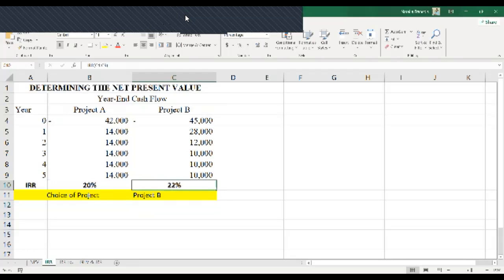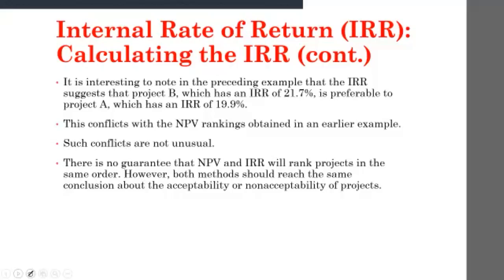Now, all the time we have been seeing project A. For payback period we got project B, for net present value we got project A, and now for IRR, internal rate of return, we're getting project B. Let's see some of the differences. Right, so these are the results. We round it off.